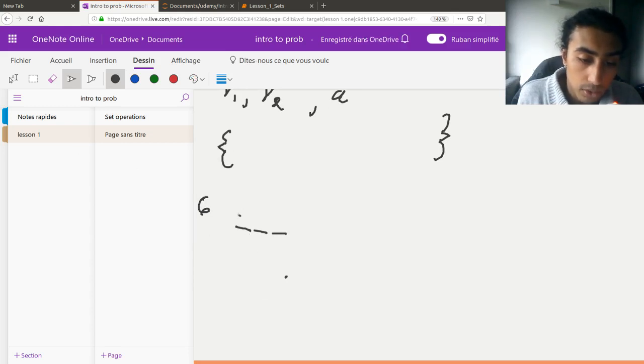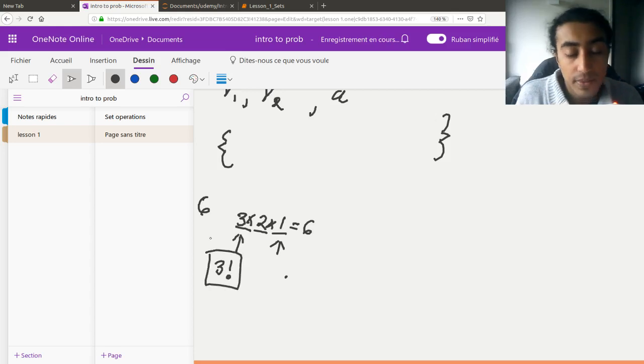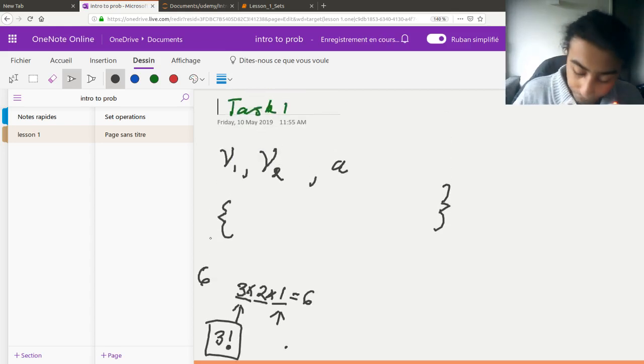The first book is going to be 3 choices, so it could be volume 1, volume 2, or book A. Then for the second, you've already used one book, so you have to choose from 2. And then after that you have one book left, and you multiply these together, which equals 6. This is actually something called 3 factorial, and honestly that's just a point of interest. Don't worry about it too much.